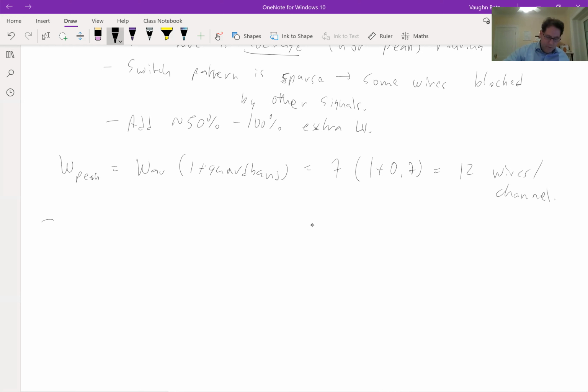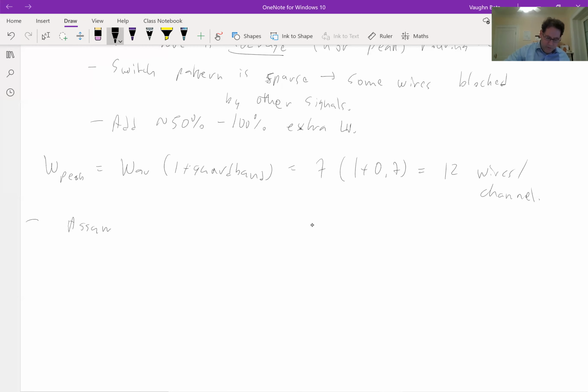Okay, so we figured out an estimate of channel width. That's what we're going to use. So the next thing we want to do, we're almost done with this, is we're going to assume a very simple routing architecture. Okay, so all wires are length 1.